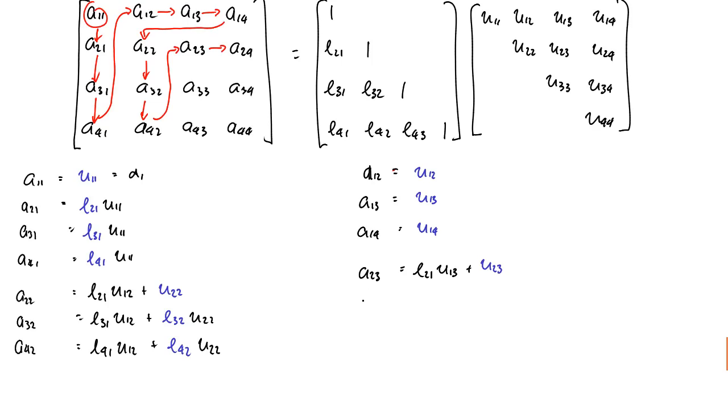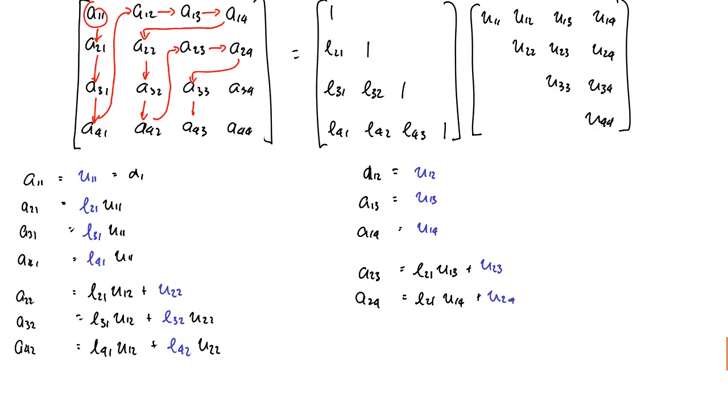And A24 is equal to L21 U14 plus U24. Okay, at this point in time we're almost there. That's given us some more entries. We've got a couple more things to do. So we're just going to zip down this column here.